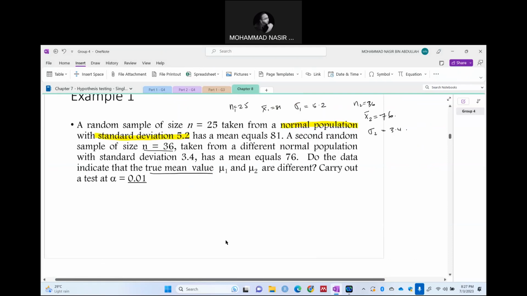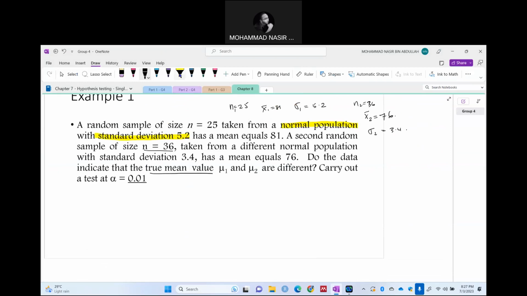So we need to carry out the hypothesis test whether the true means mu1 and mu2 are different, right? So null hypothesis, mu1 equal to mu2. Alternative hypothesis, mu1 not equal to mu2. And alpha equal to 0.01. So since the population variance is known, right?